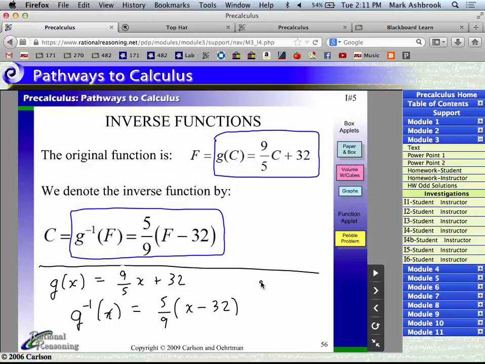What's the quantity X in the G function? Brian, what quantity does X represent in the G function? Degrees in Fahrenheit. Agree with that? One person yes, one person no. Con, what do you think? What is the input X? What quantity is that in the G function?